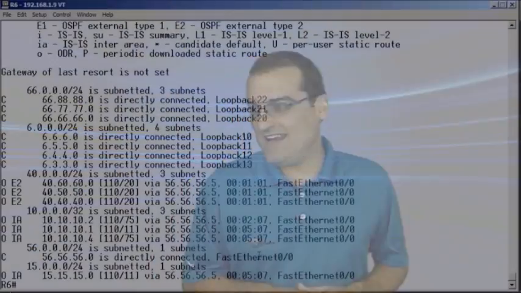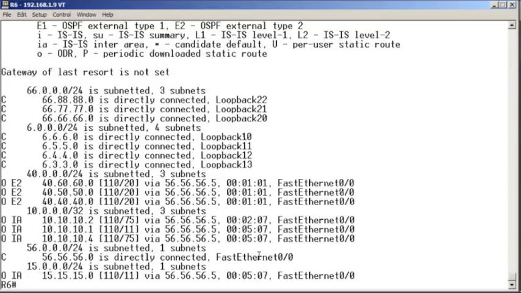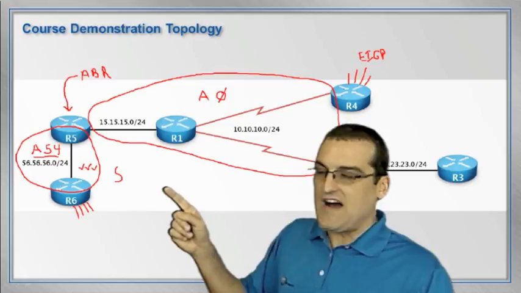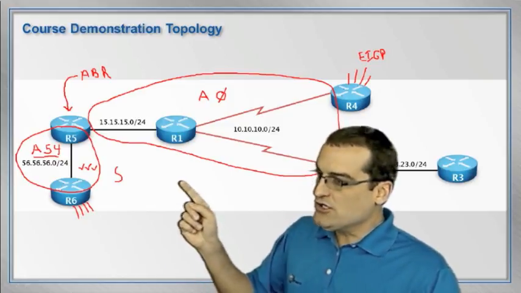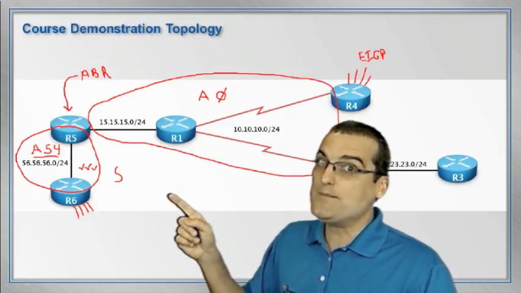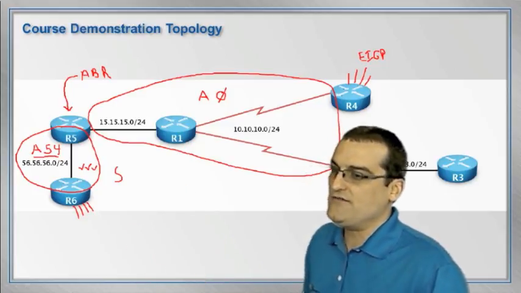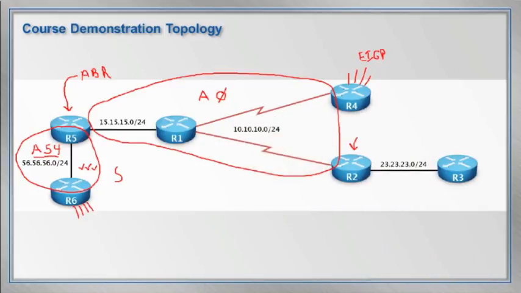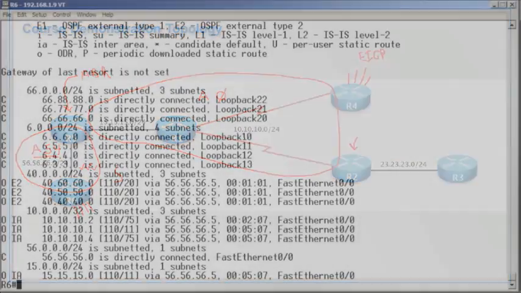All right, let's go ahead and engage in the stub configuration. You ready? We go to the area border router. Remember, the area border router here is our R5 device. And we're going to go to this R5 device, configure it for stub, and then remember, everyone in Area 54 needs to be configured for stub, so we're going to do that on the R6 device as well.